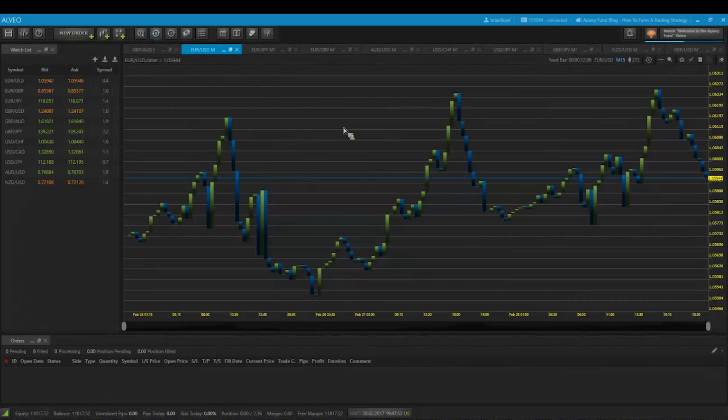Here's how. And they come up with their own calculation for how to do this. One of the things that you'll notice here is that you don't see wicks. There's not any wicks, so that's why I say there's some Renko in here as well.